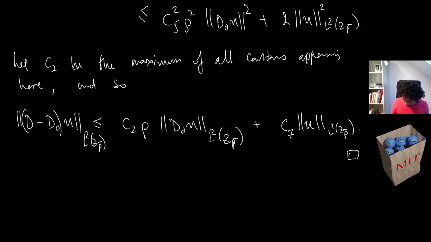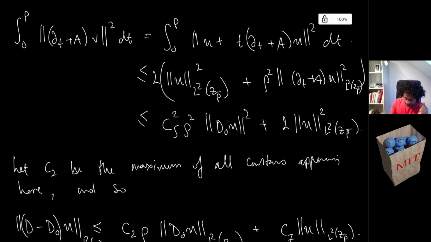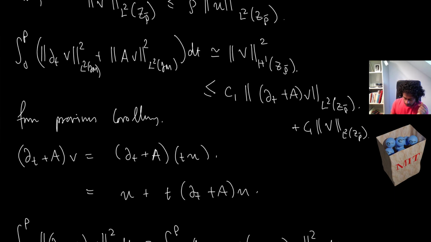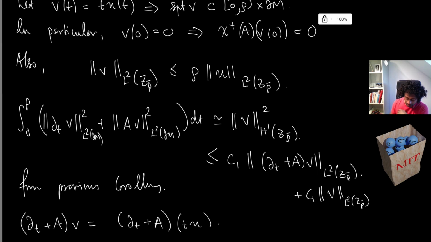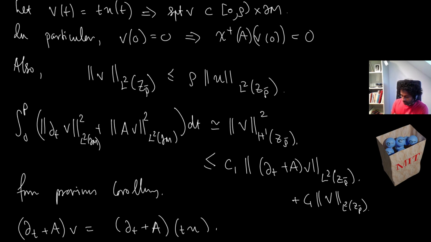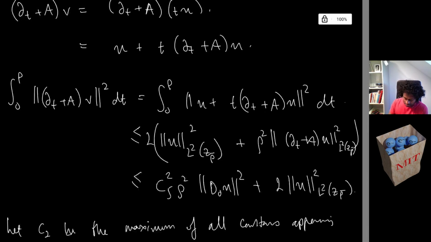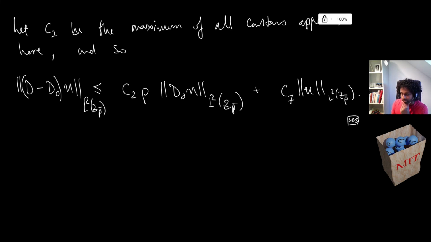Okay. So yes? Yes, because I've absorbed it all into the C7. Right? Yeah, but that's okay. V is just T times U. So just take the norm, turn the T into a rho, and then you can absorb all of those constants into the C7.